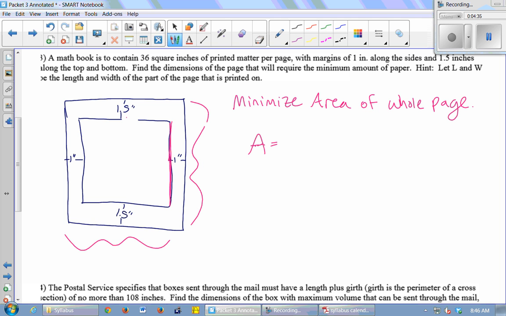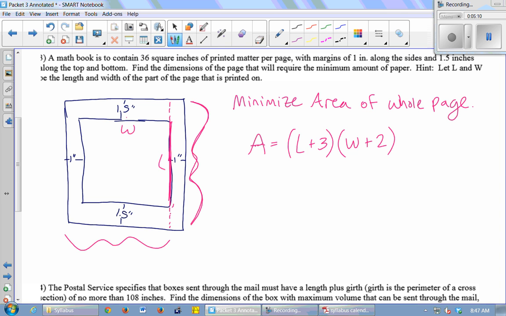That feels more familiar. L and W. Okay, so this length here is now L plus 1.5 plus 1.5, which is L plus 3. And what is the width of the whole page, not just the printed part, but the whole page? W plus 2.